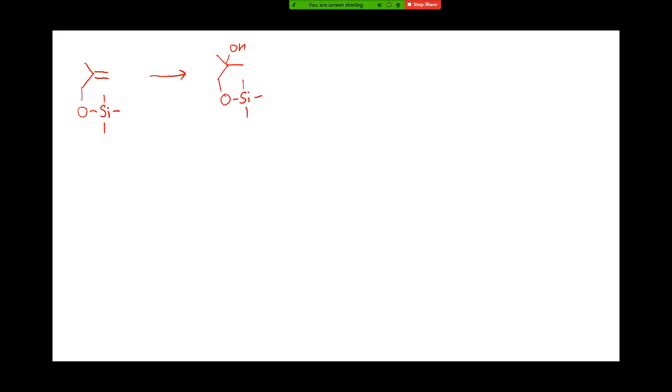If we're looking at that, hopefully you're thinking, I'm trying to do a Markovnikov addition of water. And the way I do a Markovnikov addition of water is I add an acid of my choice, and I add water, and I get my product.